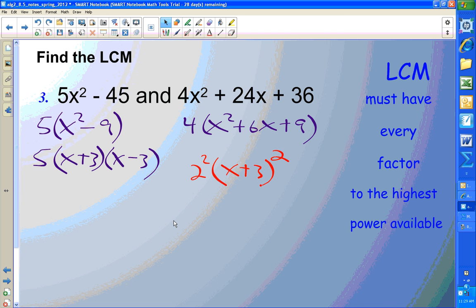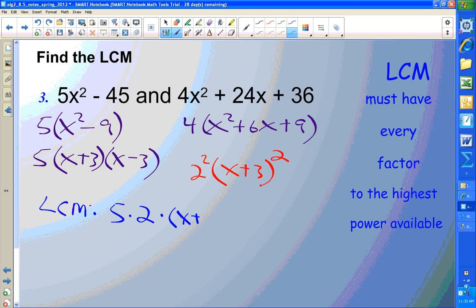So the LCD, or the LCM in this case, has to have every factor to the highest power available. So the LCM has to have 5's, 2's, x plus 3's, and x minus 3's.